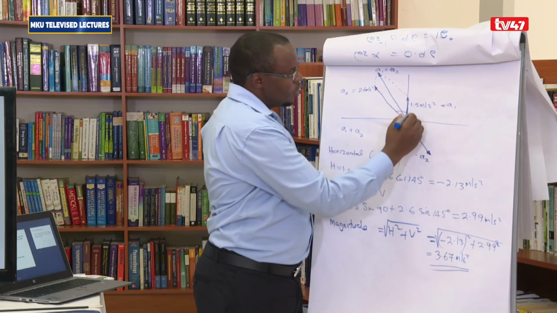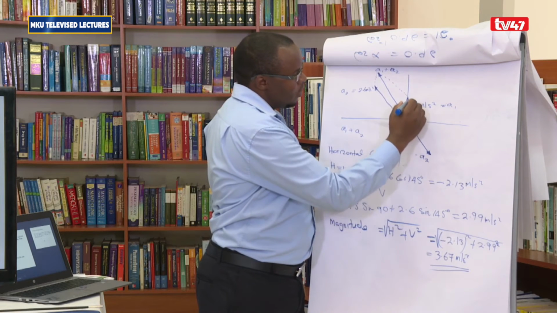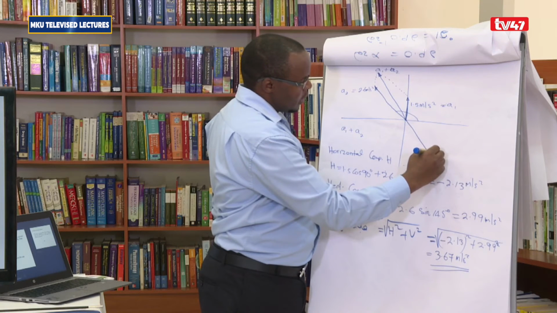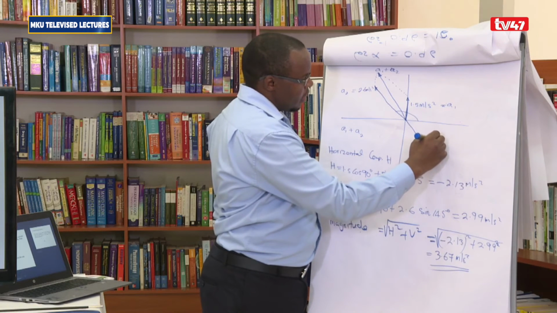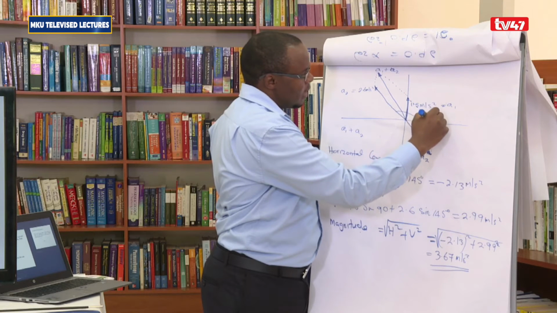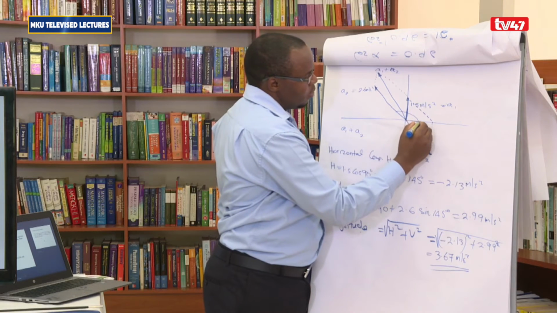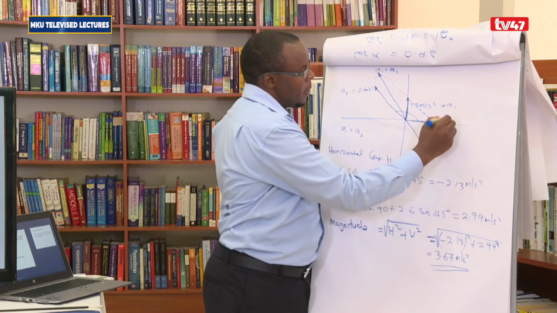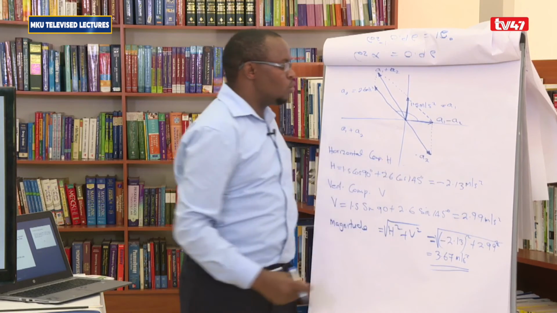And then you get the resultant is going to be along this, because if we produce this one to be our parallelogram, then this is going to form something like this, and then this is going to be our resultant vector here, which is going to be A1 minus A2.